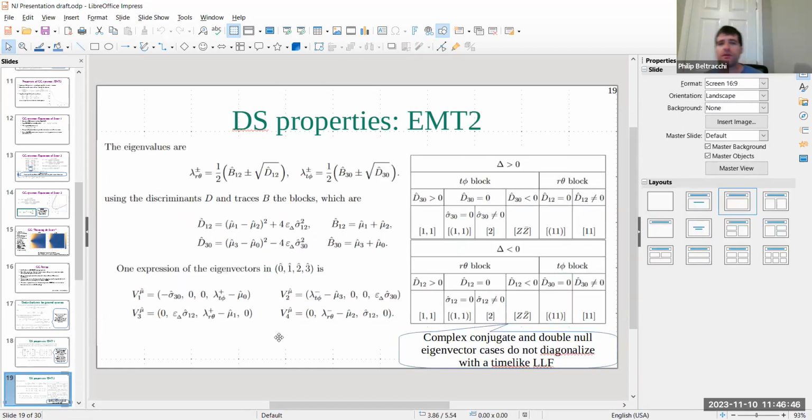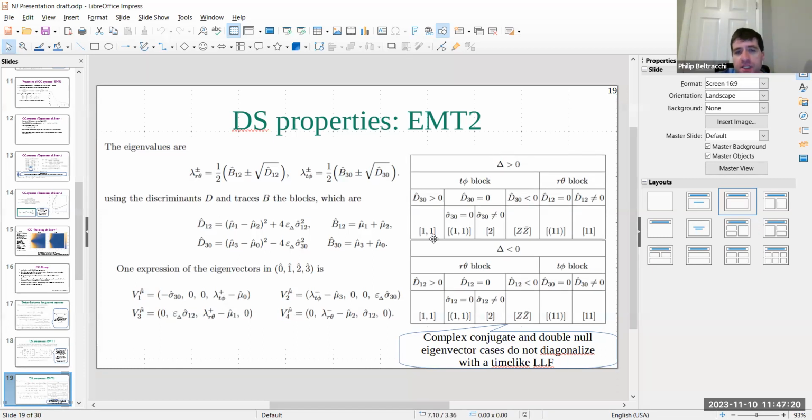So with those components of the energy momentum tensor, it's possible to build traces and discriminants of the blocks. Using these traces and discriminants, we can figure out what the eigenvalues are and figure out what the Segre type is. So when we are in front of an event horizon, or delta is greater than 0 and t is time-like, we could have a few situations for the T phi block.